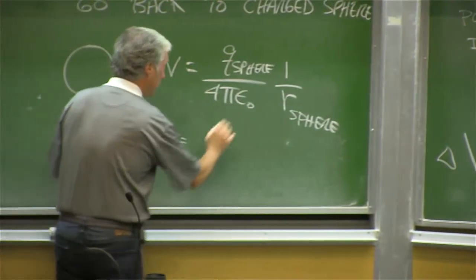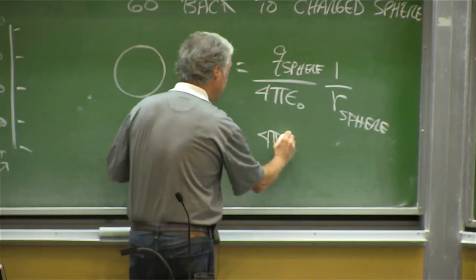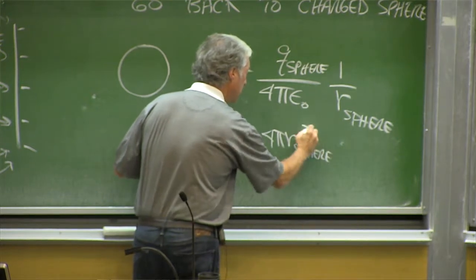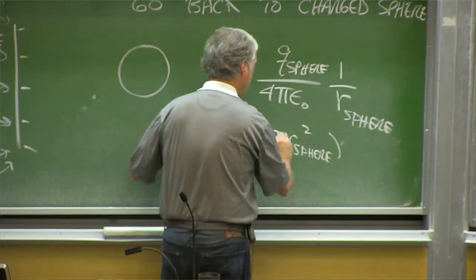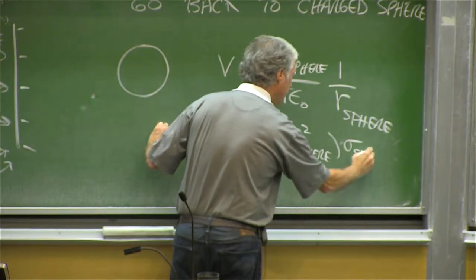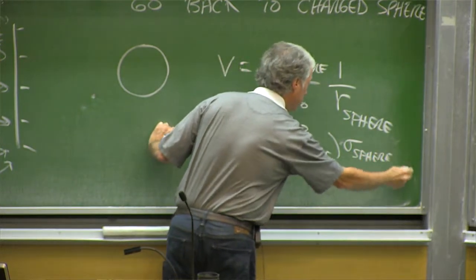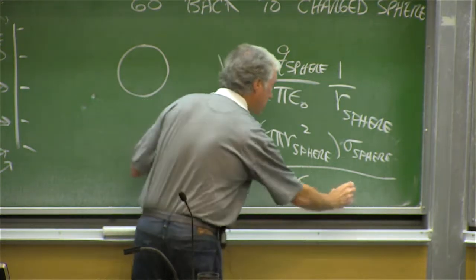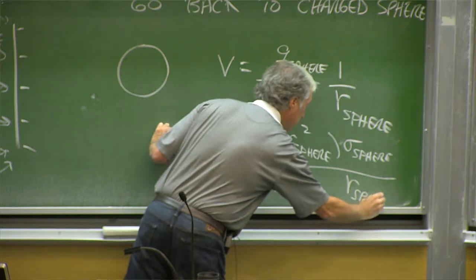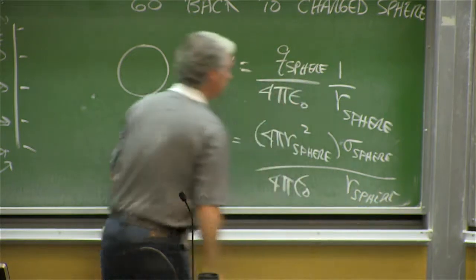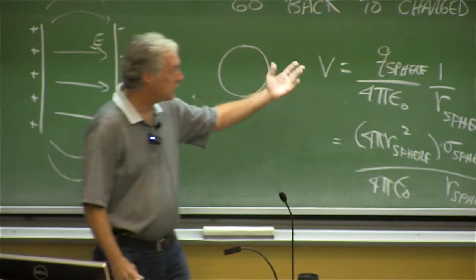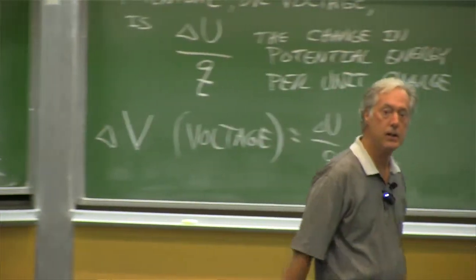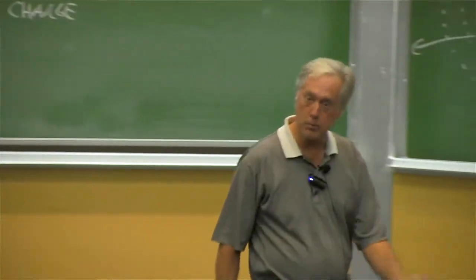So that's equal to 4 pi r sphere squared times sigma on the sphere divided by 4 pi epsilon naught, 1 over r sphere. The charge on the sphere is the surface density of charge times the area of the sphere, which is 4 pi r squared.